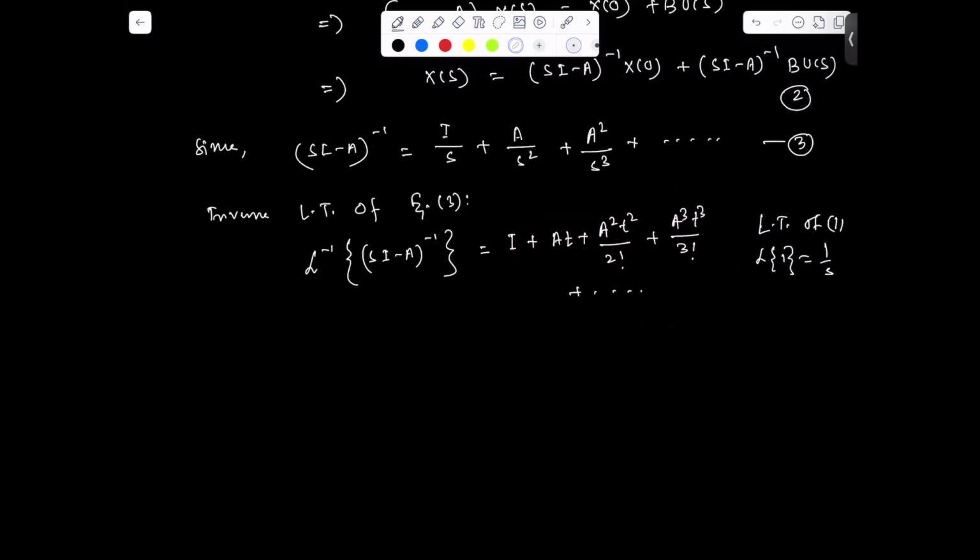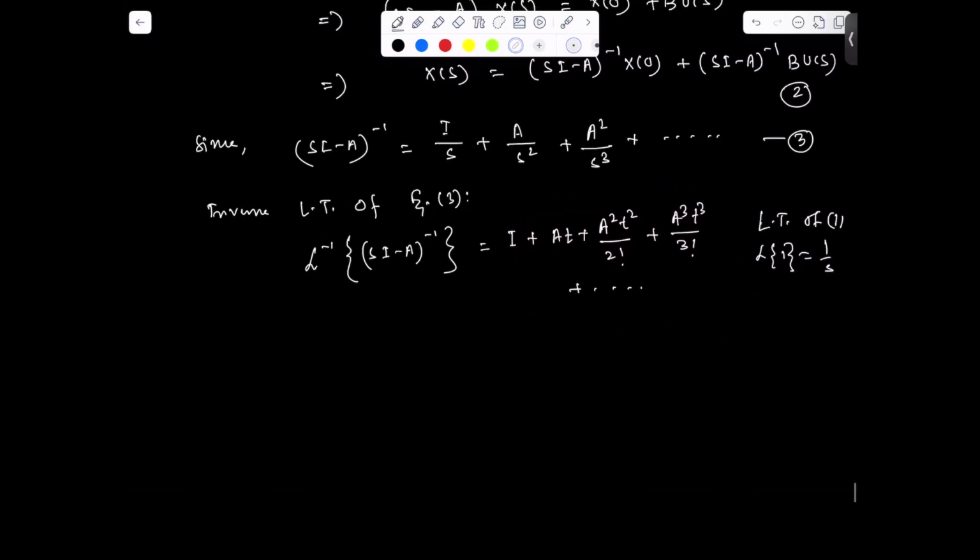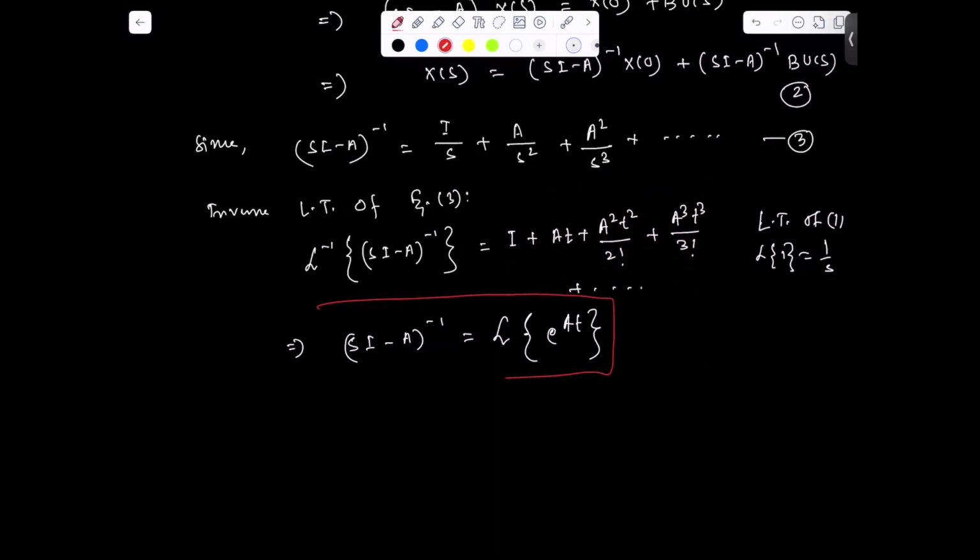This is nothing but, we can say, the inverse Laplace transform of (sI minus A) inverse equals e to the power At, the same expression. So from this explanation, it is clear that we can write this expression.